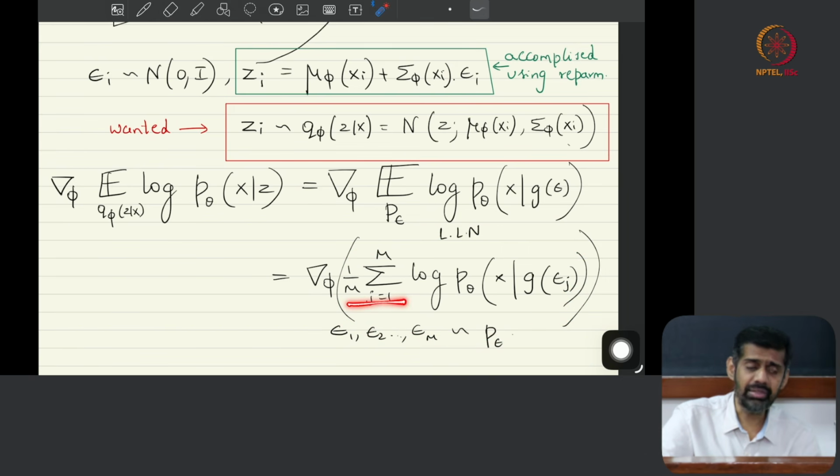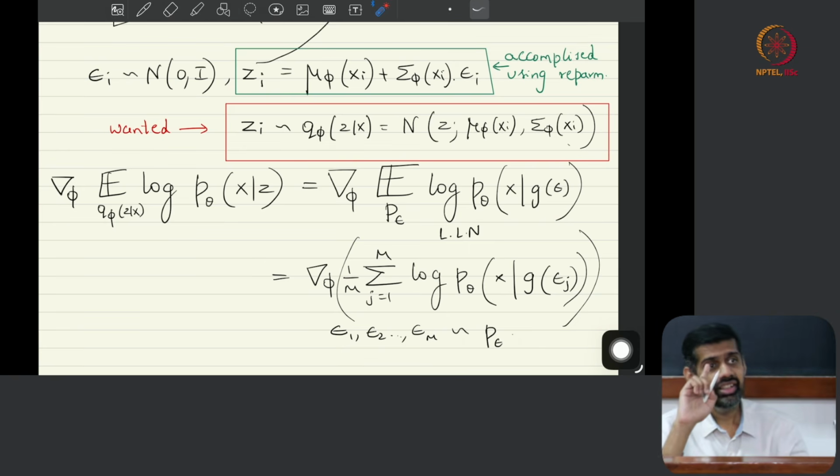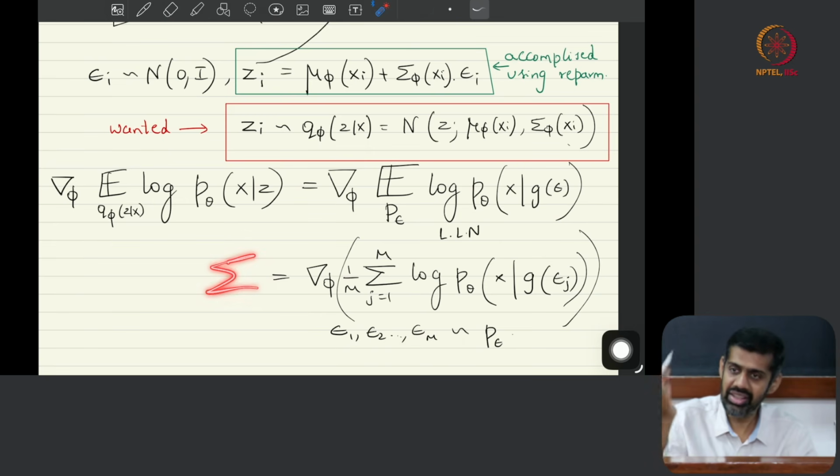Please note that this sum is not over data points, it is over the multiple samples that we have drawn from the auxiliary distribution of epsilon. You see this, and we do this for a single data point, and if you have to repeat this procedure on the data set, you have another summation over the batches of the data as well, which I am not writing.